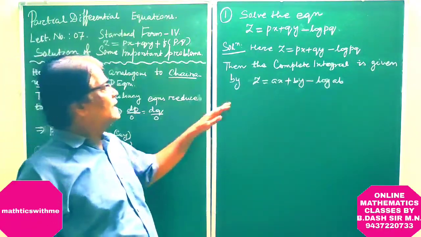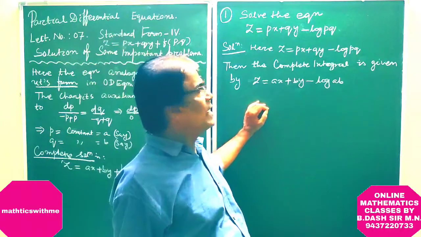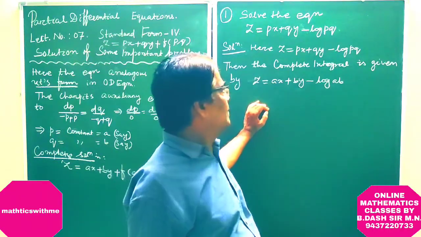So we get here z is equal to ax plus by minus log ab.